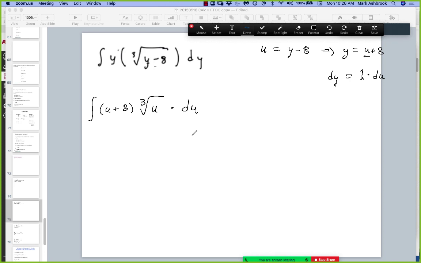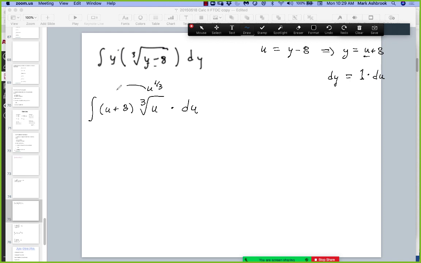Did it help? I feel like we're back in a similar spot. Oh yeah. So is it the same kind of stuck place we are here, or is there something now we can do? We could multiply the cube root into the u plus 8. Yeah. So look. So now I just have u to the 1/3 here, and it's times u plus 8.